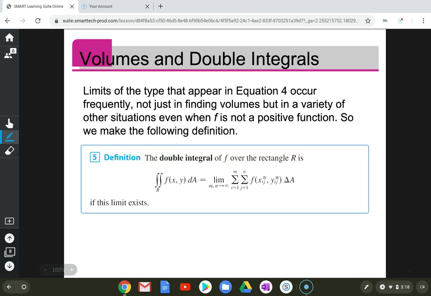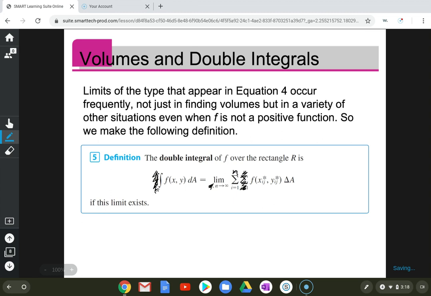So what is another notation for this? Well, in the past, if you remember, if we took the limit as the number of rectangles approached infinity of the sum of all of those rectangles, and that was just in a single direction, we would get a single integral. So I'm just going to refresh. Let's just remember.